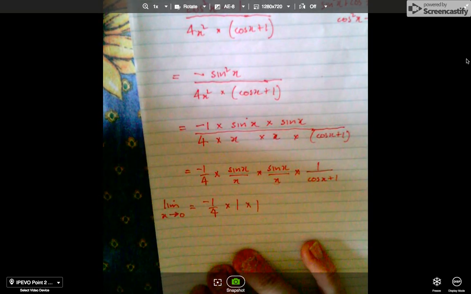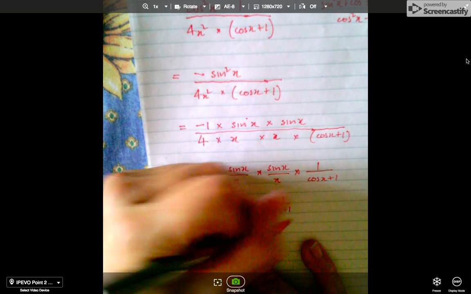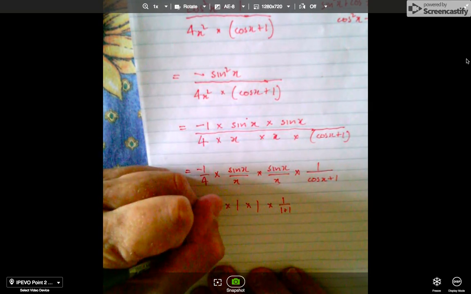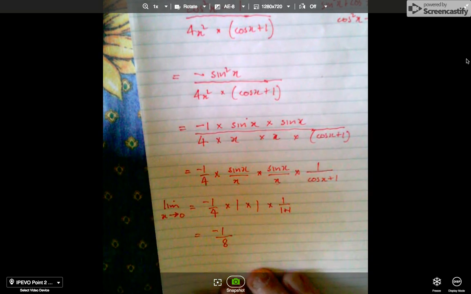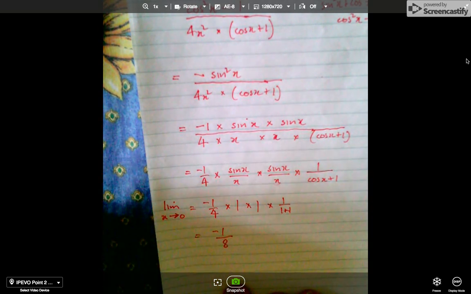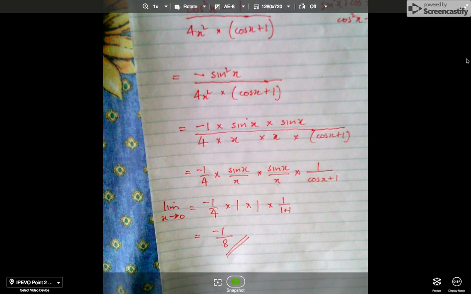As x becomes closer and closer to 0 there, you get 1 over 1 plus 1, because the cos of 0 is 1. So what have we got here? We've got minus a quarter times 1 times 1 times a half. Minus 1/8. And that's the way I would do it.